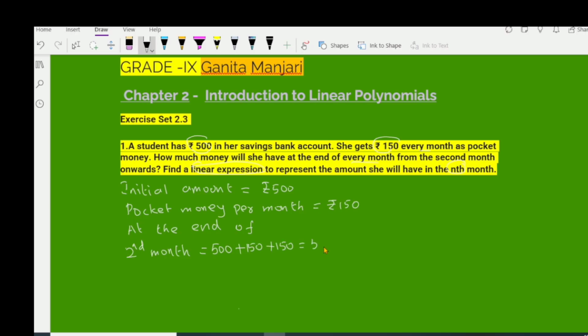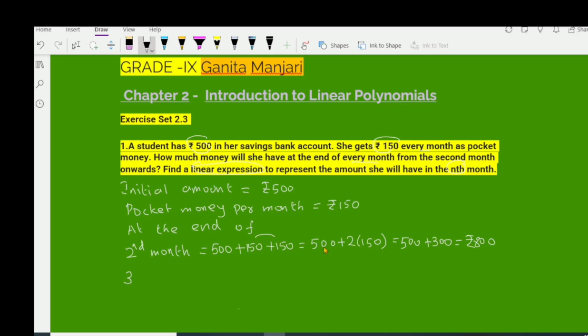We can write this in the way, you know, multiplication is nothing but repeated addition. So 2 times 150 is 300, 500 plus 300 is nothing but rupees 800. So at the end of second month, she is having 800 rupees.